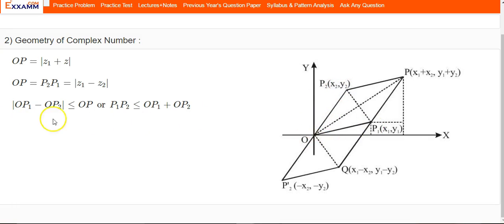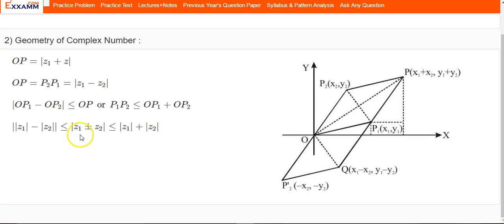So we get this from triangle inequality, and from this we can simply write the result if we replace OP1 by modulus of Z1 and OP2 by modulus of Z2. So we put it here, and OP is equal to modulus of Z1 plus Z2, and P1P2 is modulus of Z1 minus Z2.